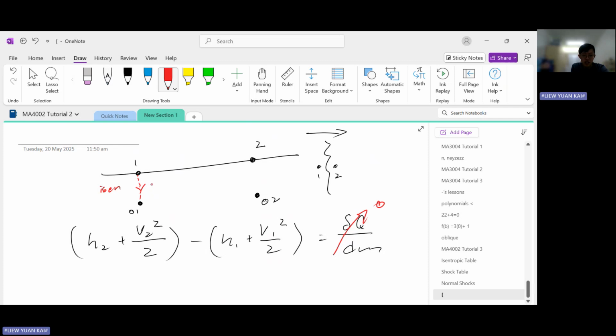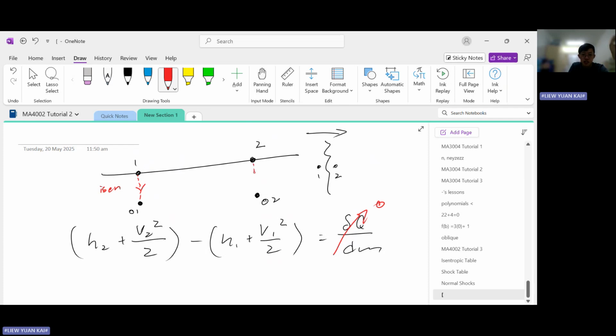Because you isentropically did it, there's no energy loss or gain, because it's reversible. Therefore, the energy at 1 is equal to the energy at 01. Sorry, let me say that again. The energy at point 1 is equal to the energy at its stagnation state.